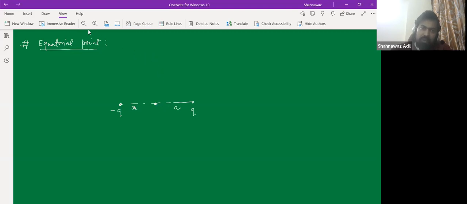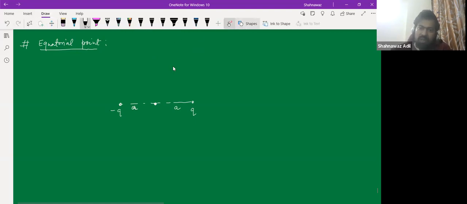If we draw a perpendicular line on it, that point is called the equator. We always measure the distance from the center, so this is your R.